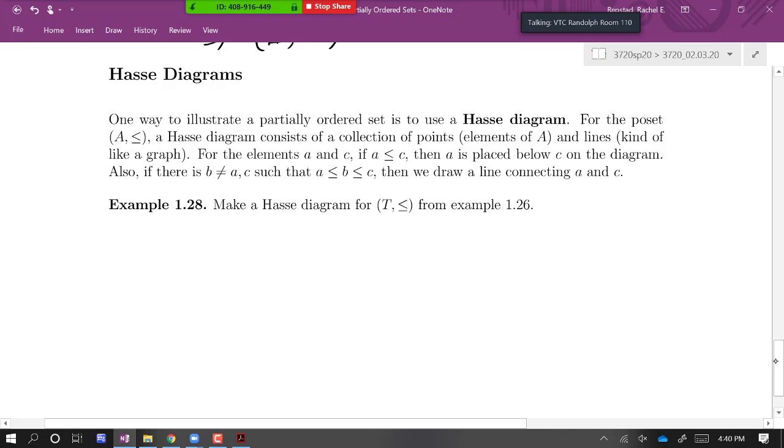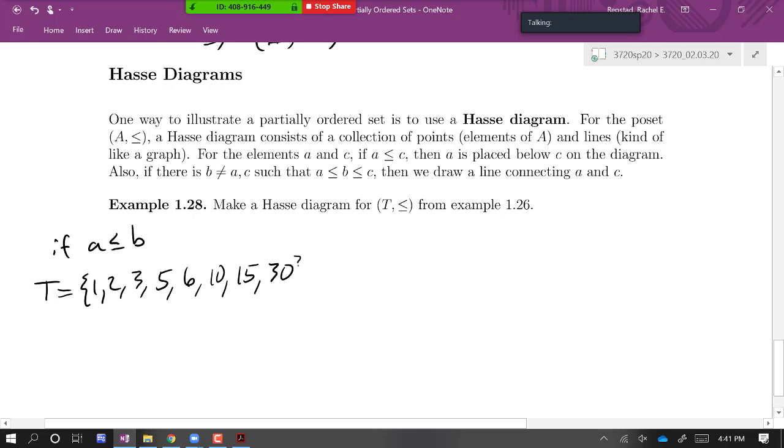If A is related to B, then B appears above A, and we draw a line between them. So in this set, the divisors of 30, we had 1, 2, 3, 5, 6, 10, 15, 30. I think those are all the divisors of 30.